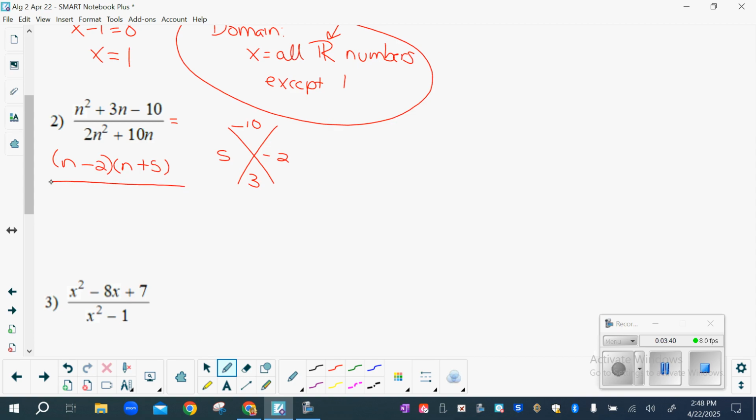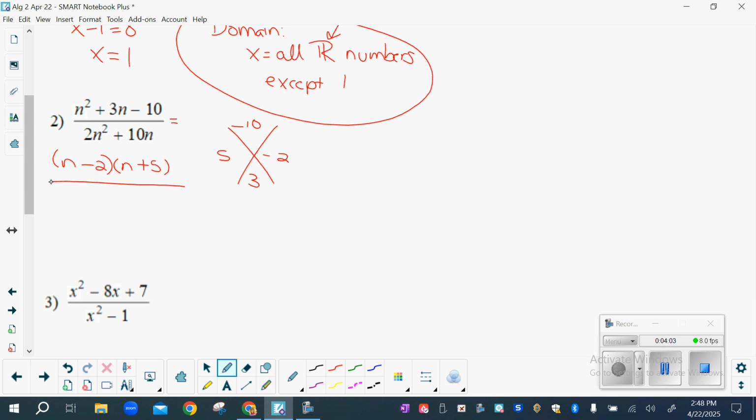How does the denominator factor? Good question. What do you guys think? No, because it's multiplication. Multiplication order doesn't matter. So how does the denominator factor? Because it's not a trinomial, so I can't do the x. n goes into both of them, that's right.